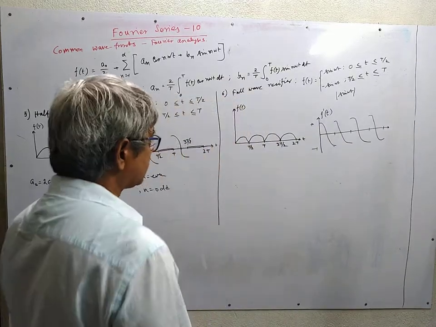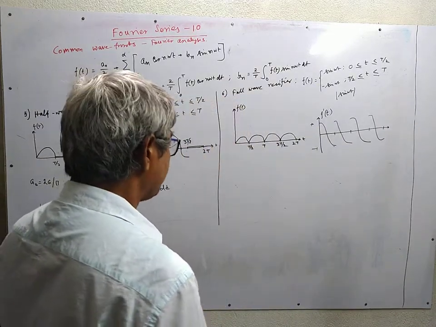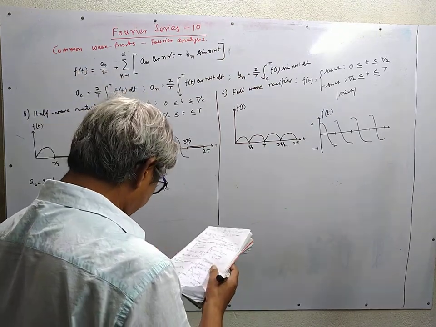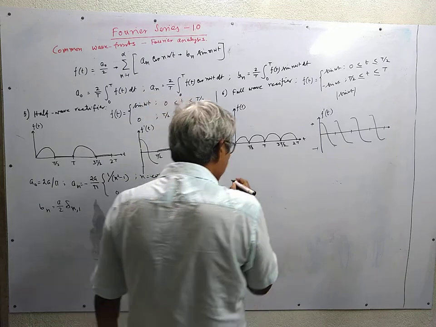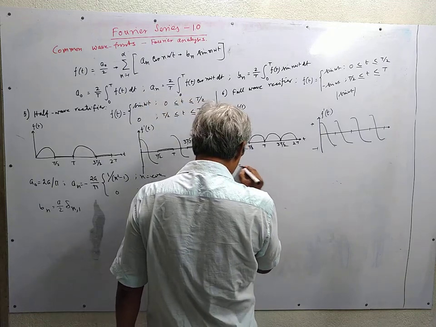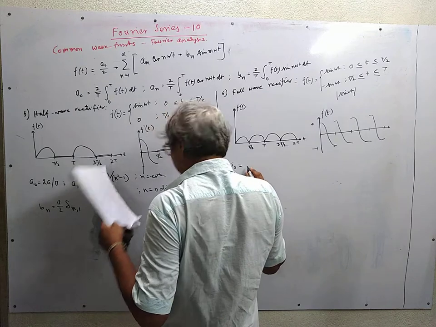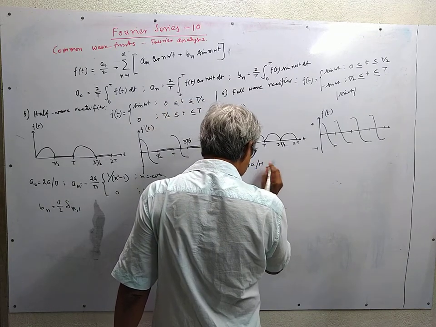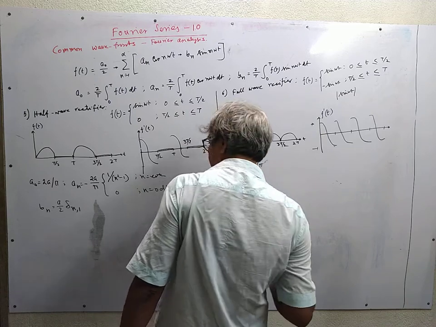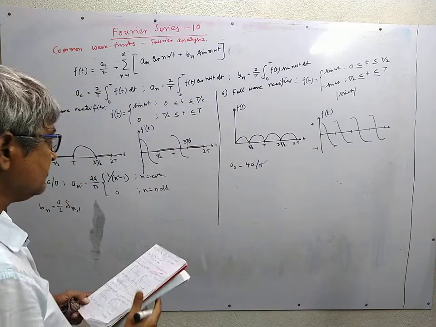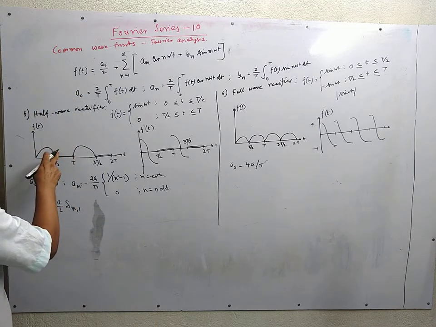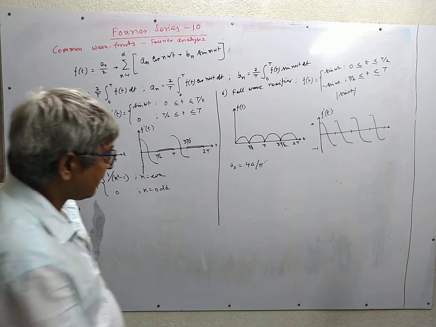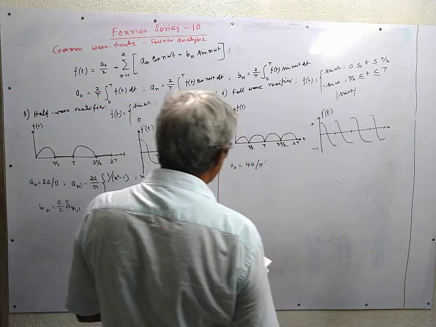So what we expect is that there is no Gibbs phenomena, and An and Bn will have 1 by n squared dependence. A0 comes out to be 4A by pi, just double the half wave case, because there every alternate half was 0, but here the alternate halves are identical to the previous one.